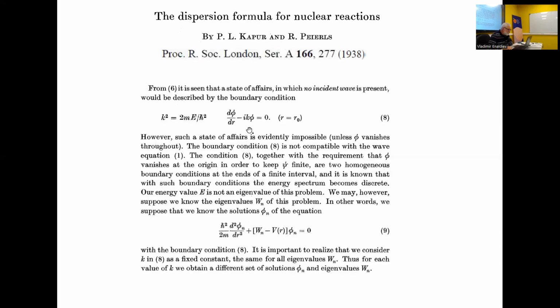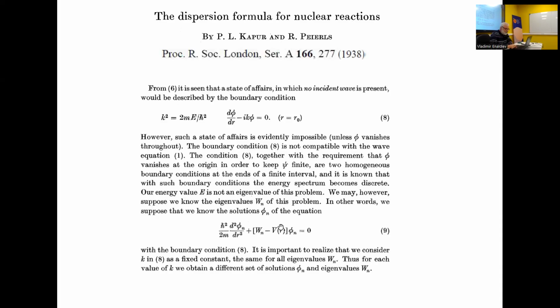They noticed that if we supplement this Schrödinger equation with this boundary condition, it becomes an eigenvalue problem, an eigenvalue problem for this quantity, which is denoted by Wn. The deficiency of this approach is that, okay, you can introduce such a set, but the eigenvalues and the eigenfunctions depend on this energy as an external parameter. This energy should be fixed to define this set.